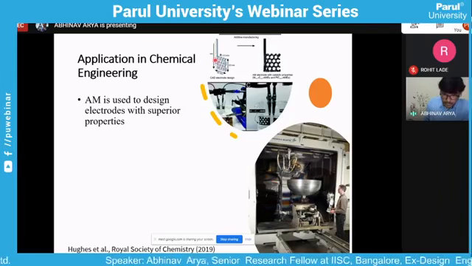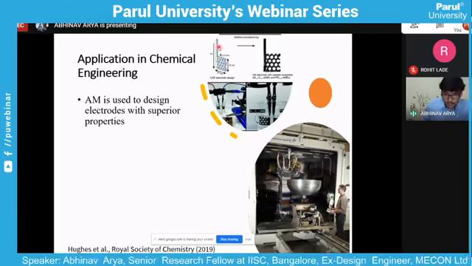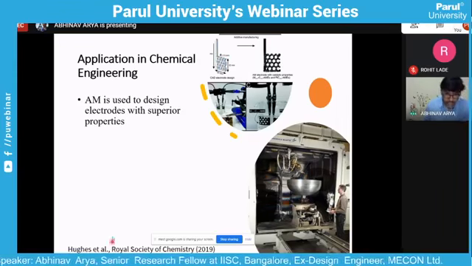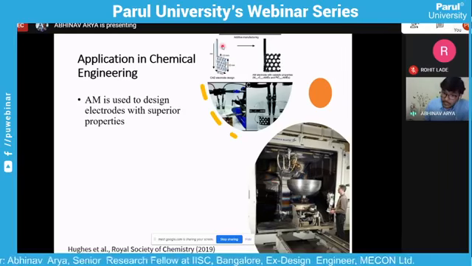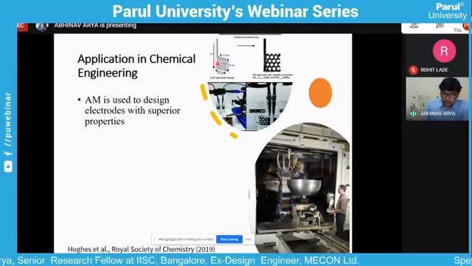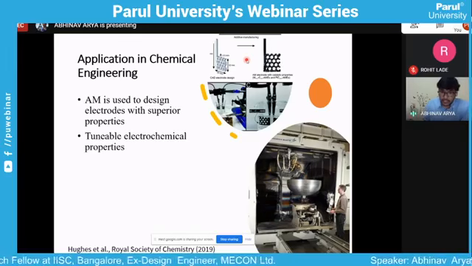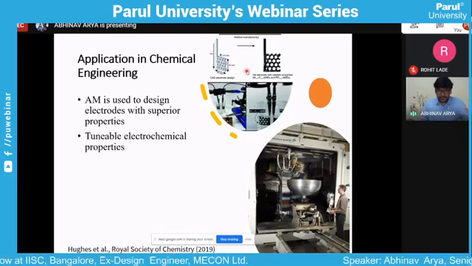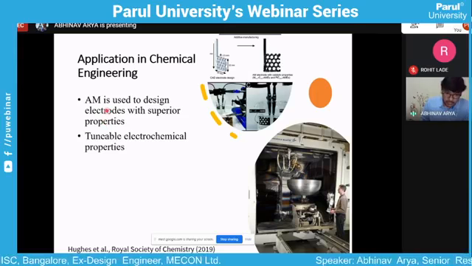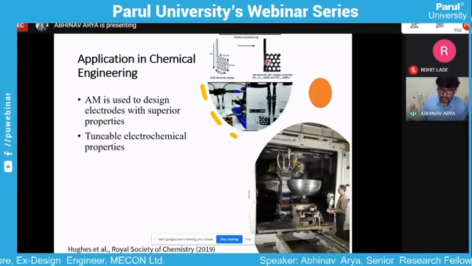Usually we use a mesh electrode, where the bubbling starts very early. But this paper shows they designed their electrode using additive manufacturing, and the properties were much superior to the conventionally used electrode, and the bubbling was delayed. They can also tune the electrochemical properties, whatever property they want at whatever places.